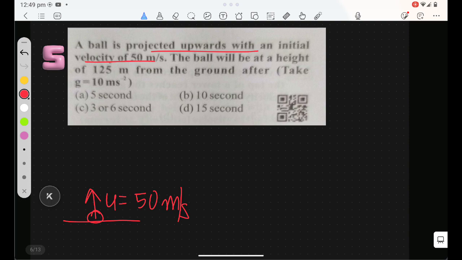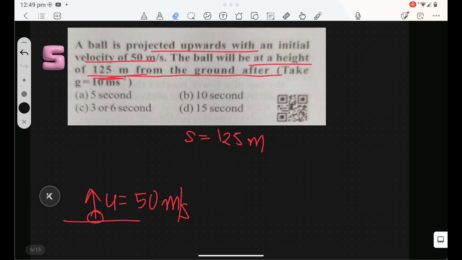The ball will be at a height of 125 meter from the ground after what time? So this is the question which we have.